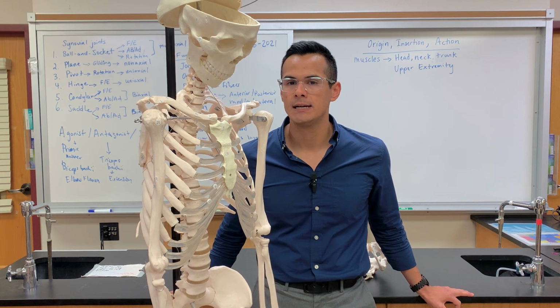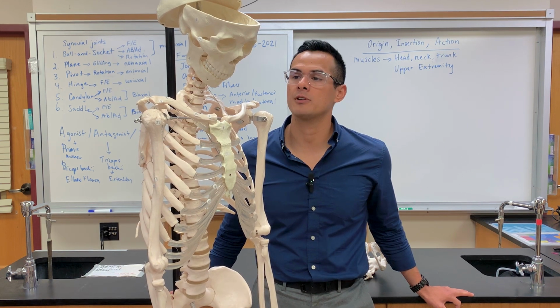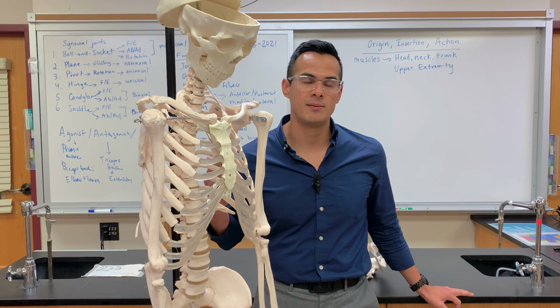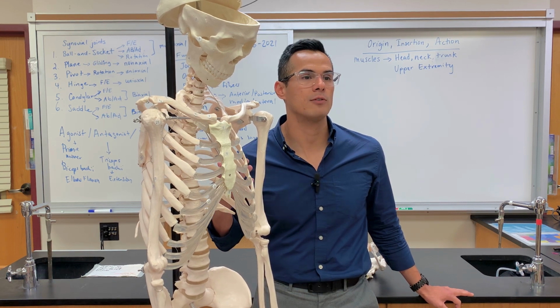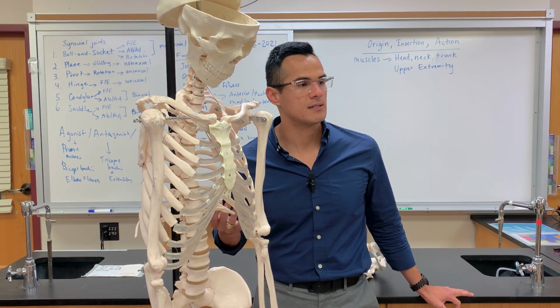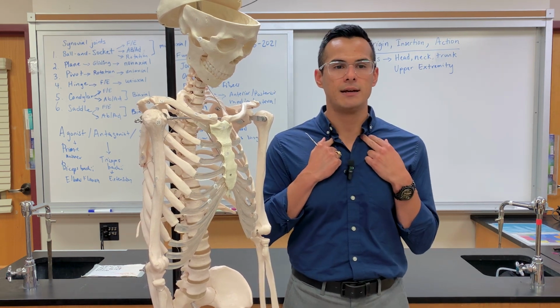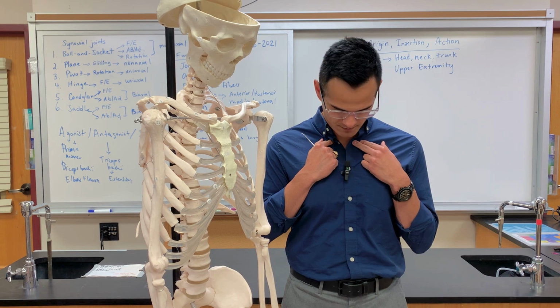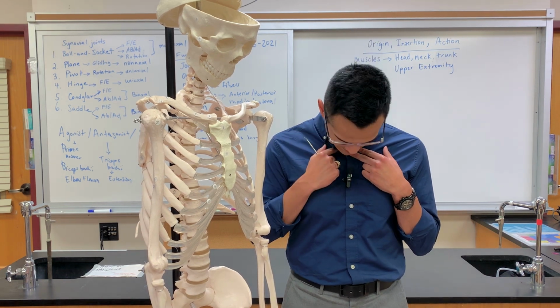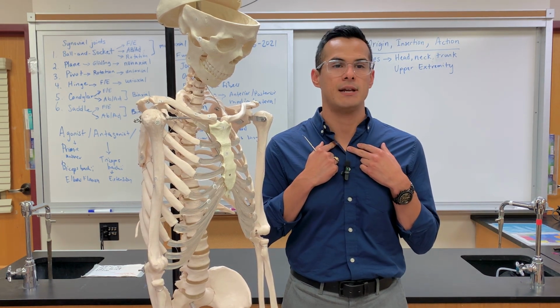So the first thing I want to start off with before I go into the bony landmarks is some of the different movements of the body. Here at the neck, this is neck flexion, and when I bring it back up this way, that is the extension of the neck.